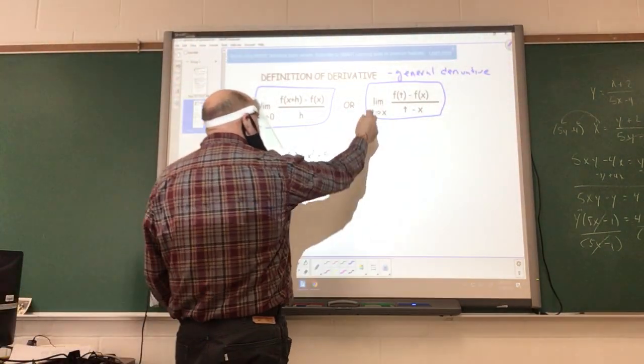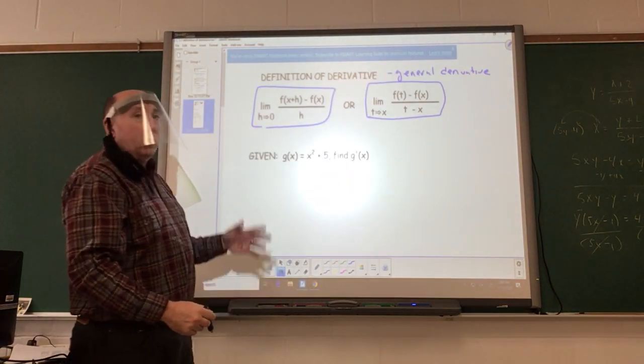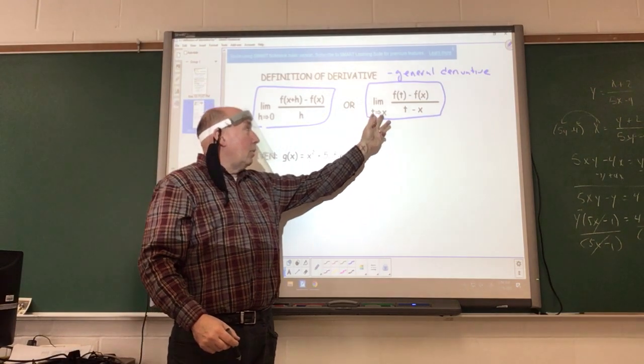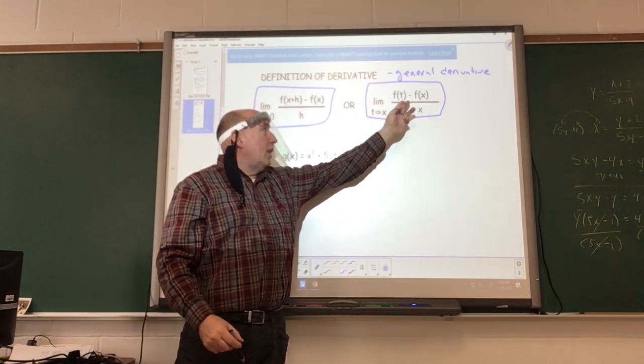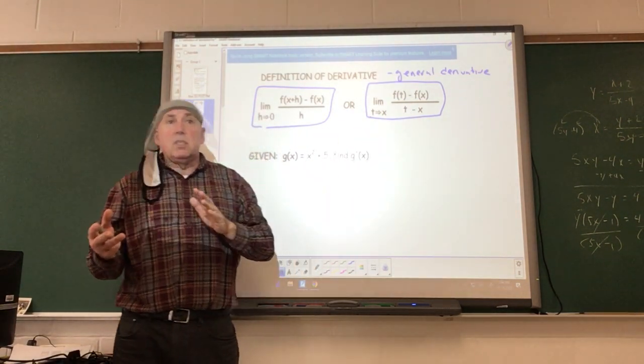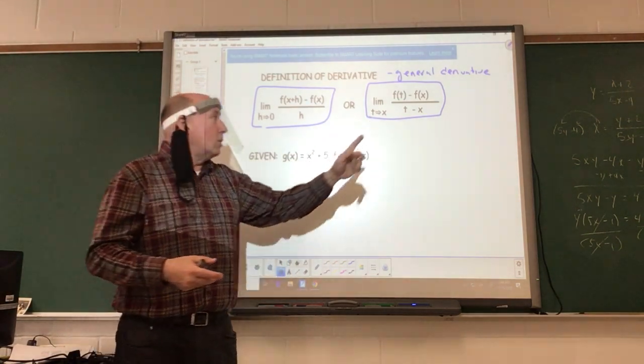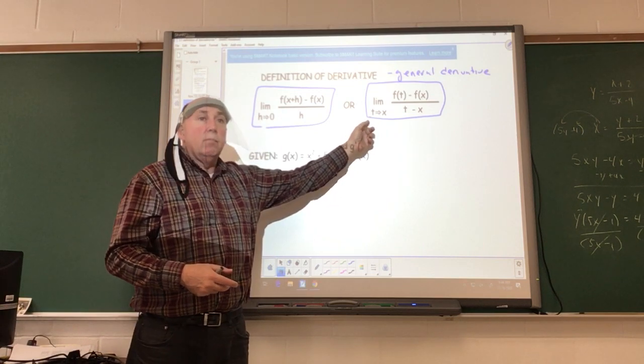So if we take a look, we have the limit as t is approaching x. We'll go both ways here, just to show you that you can do it either way. The limit as t approaches x of f of t minus f of x over t minus x. It looks very similar, but rather than substituting in a number at the end, we're substituting in x for t.